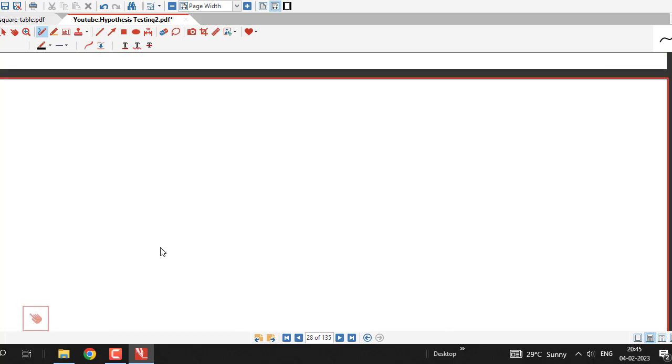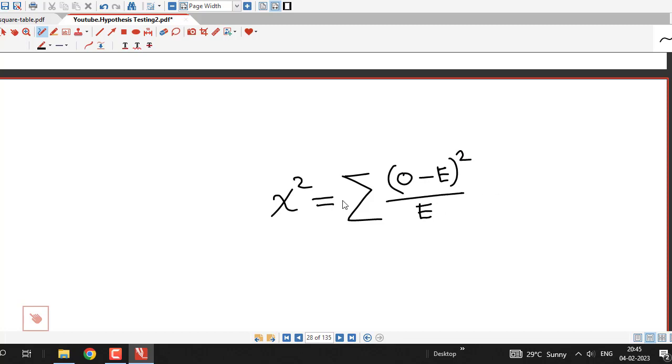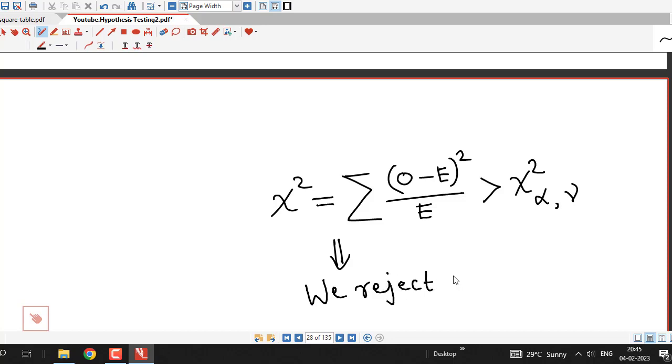Now once we decide critical value, we will check whether calculated value of test statistic, which is obtained using this formula sigma O minus E square divided by E, is bigger than chi-square alpha with new degrees of freedom. If this happens, then we are in rejection region and we reject the null hypothesis.